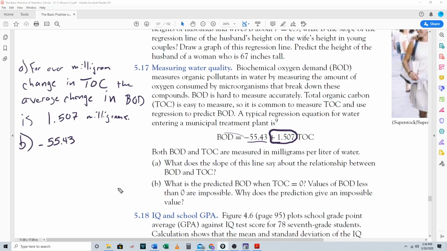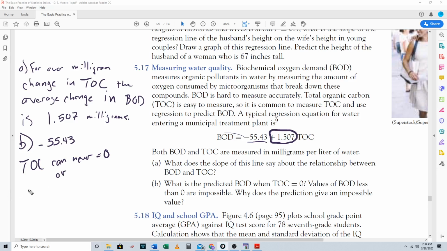But the reason the prediction gives us an impossible value is because if BOD less than 0 is impossible, that means that TOC is never going to equal 0. TOC can never equal 0.